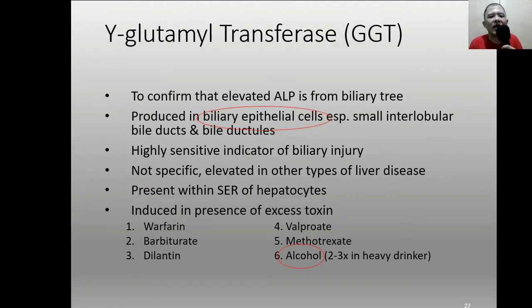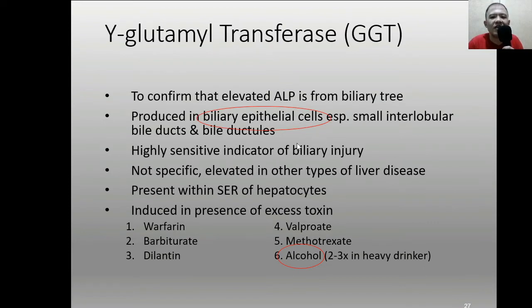So next enzyme is the gamma glutamyl transferase. It is to confirm that the elevated ALP is from the biliary tree. It's a highly sensitive indicator of biliary injury.